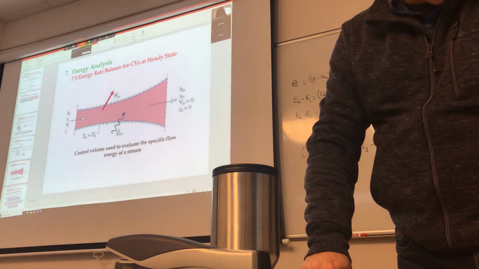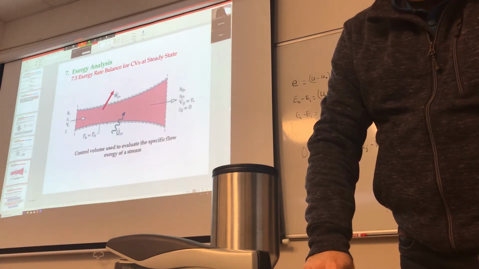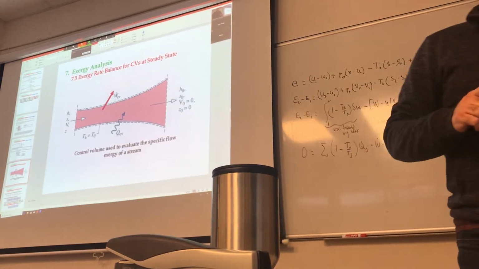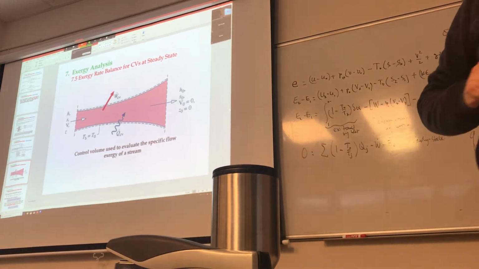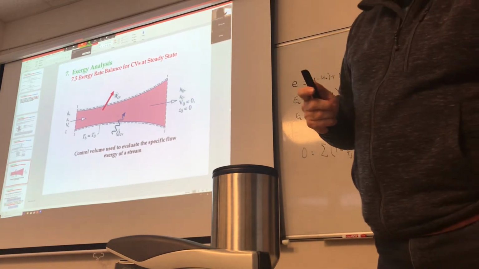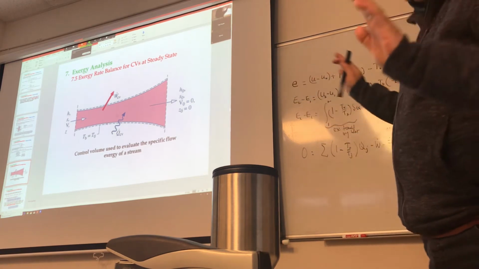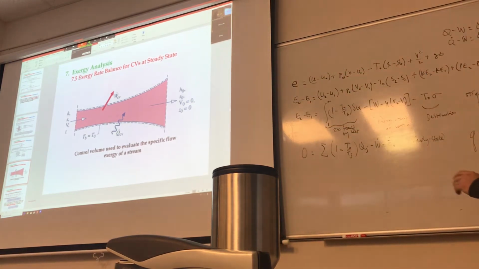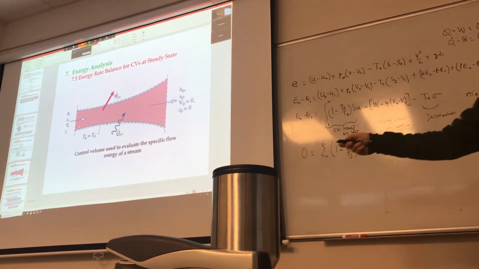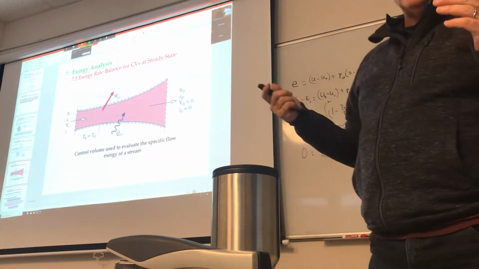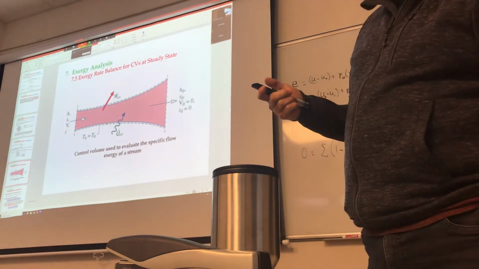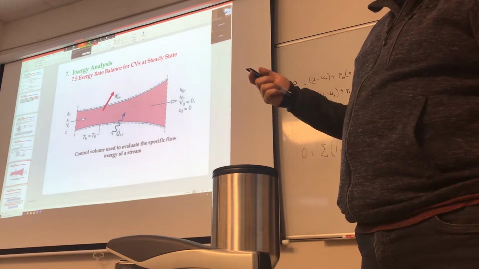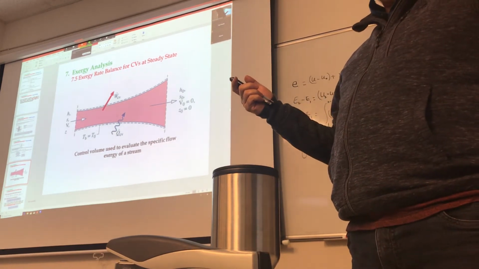Now we move on to the next section, which I'm not going to spend too much time on because it's similar to the first one, except that now we are dealing with what? An open system. That's the only difference between the two. So when you're talking about an open system, that means you have to factor in what?